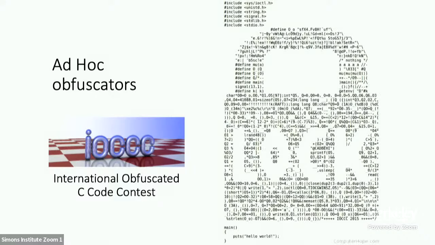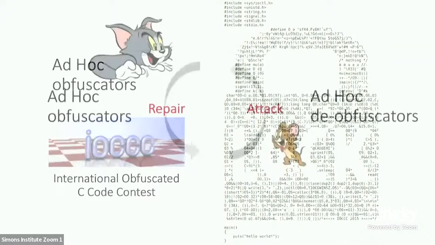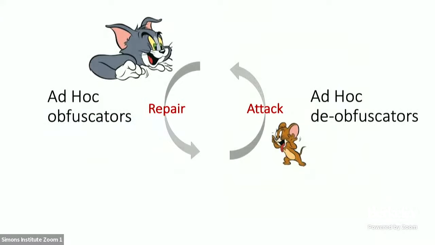Here, for example, is a winning entry, a C code, which looks rather obscure. Can you guess what it does? Actually, when you run it, it will start to display some animated letters on the screen.